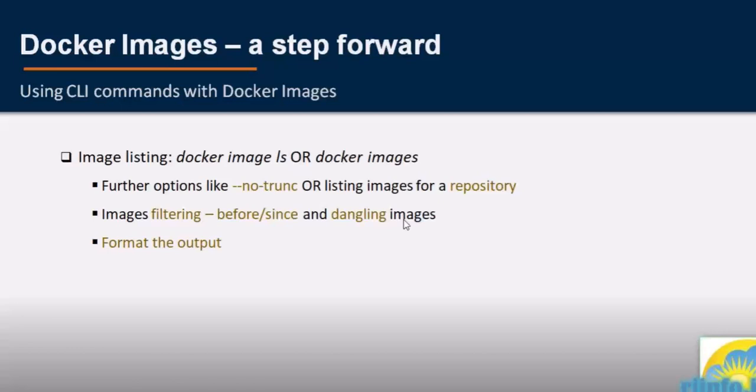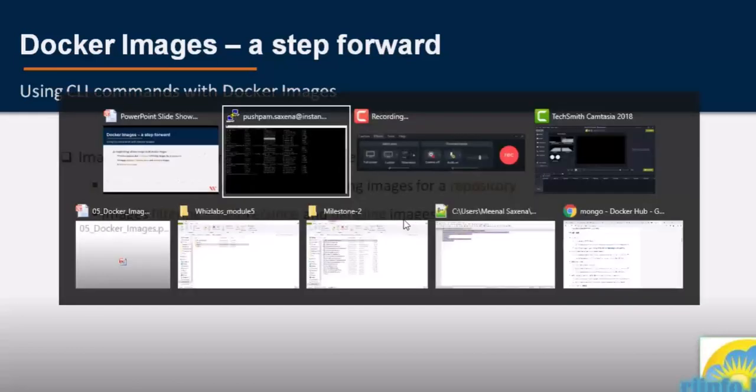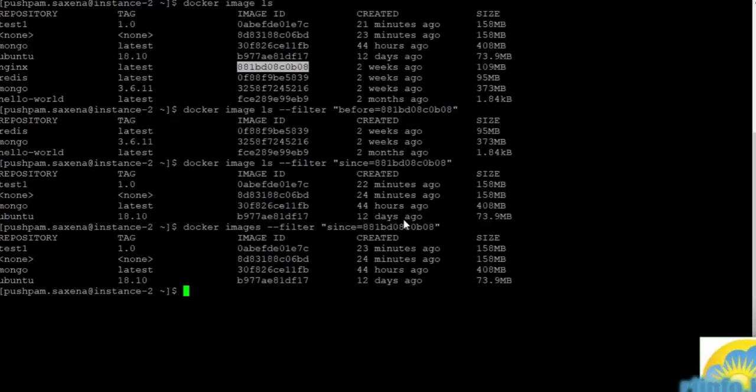So let's go back to our host. If we just want to run a command to list the dangling images, it can be done with the command docker image ls --filter, and then in the quotes we will give dangling=true.